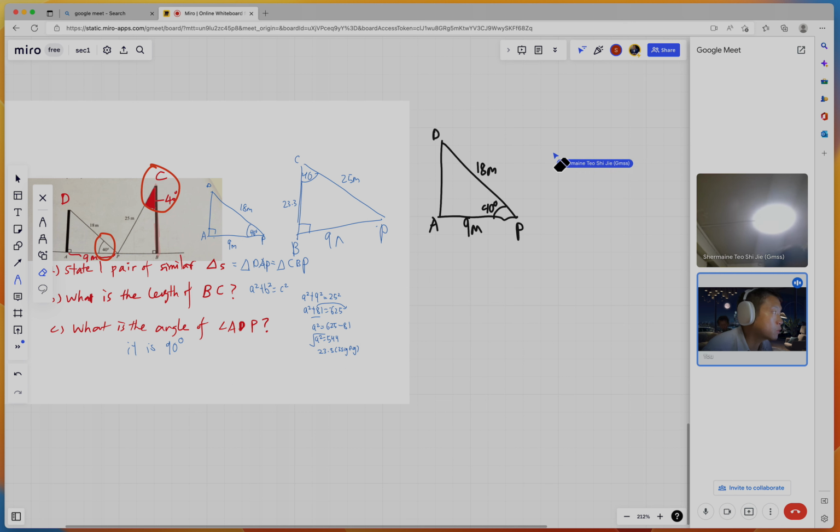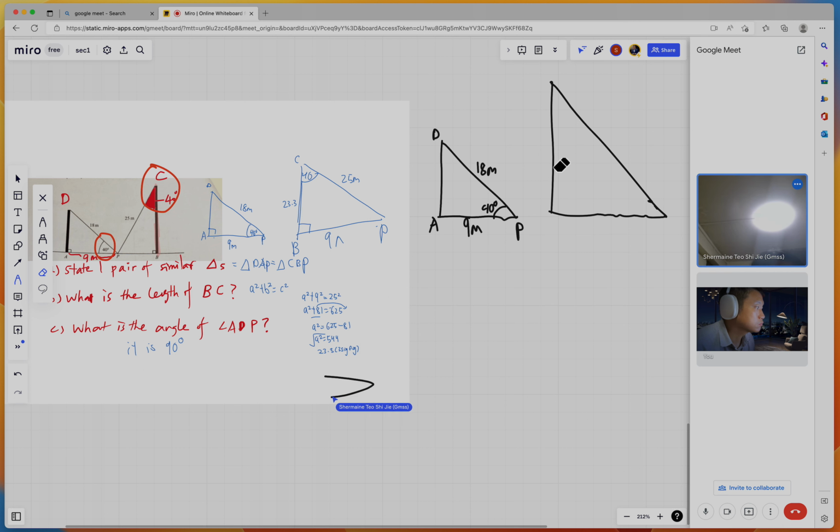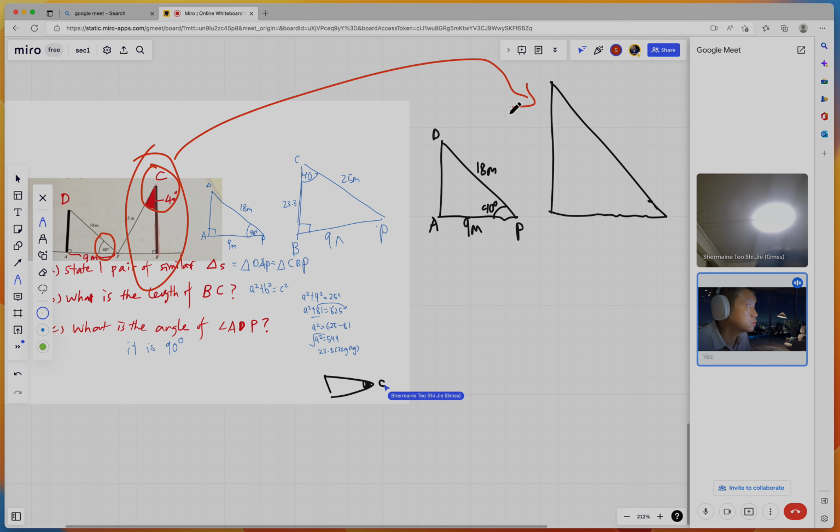Okay, this one you have no problem because you just copy only. No need to do any rotation. This one you need a bit of rotation. You are looking at this one now. Match. Yes, good.